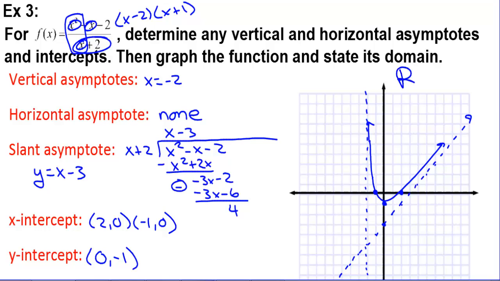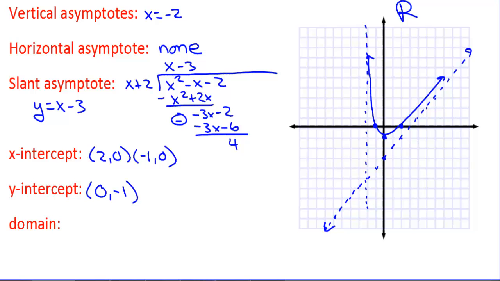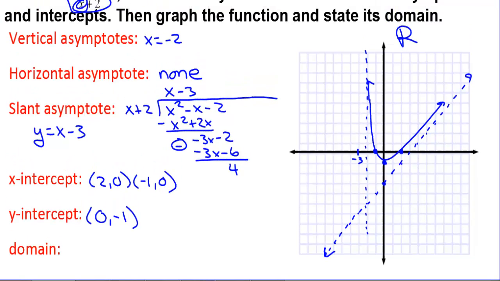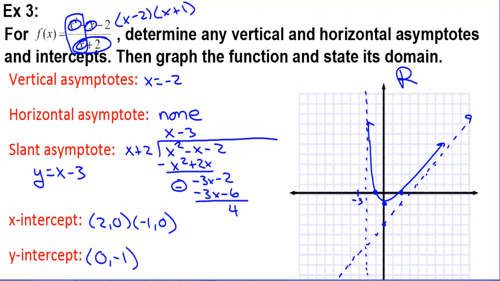Now that takes care of the right side of the vertical asymptote, but what about the left side? We're going to have to plug in one value. How about negative 3 right there? Let's plug in negative 3, and we can plug this into the factored form. On top we have negative 5 times negative 2, and in the denominator, when we plug negative 3 in, we got negative 1.